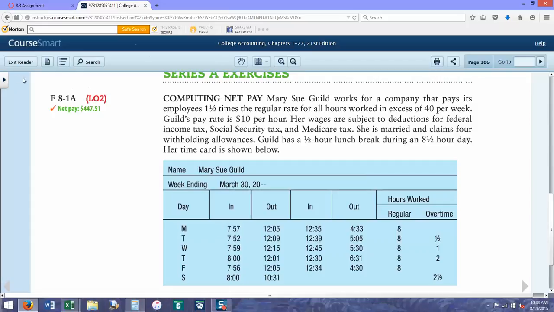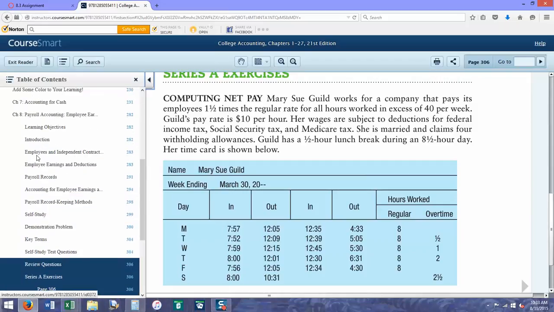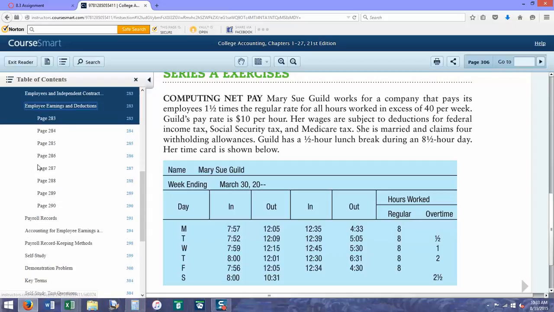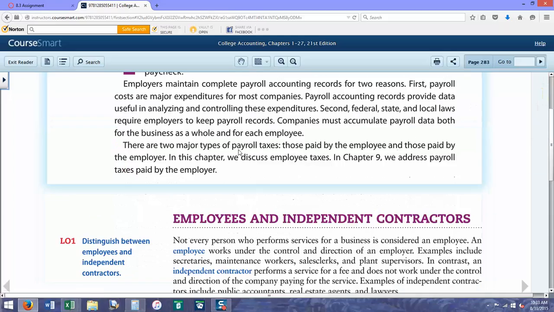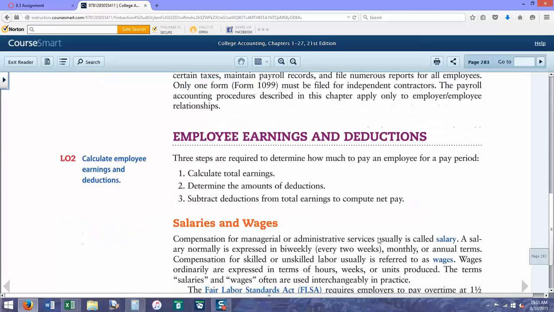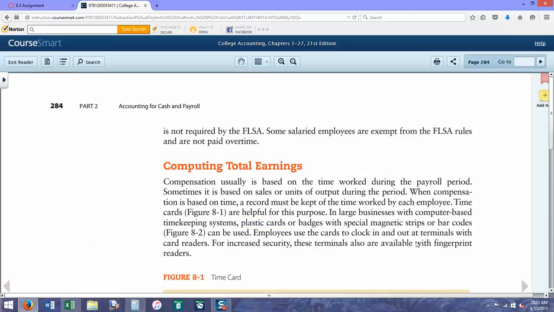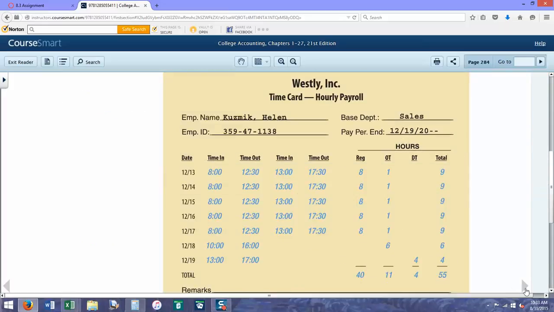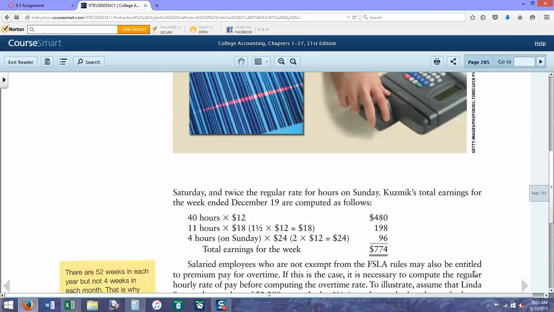So let's look at her federal income tax. And unfortunately, I don't have that page number memorized, so I'm going to have to go through and look.